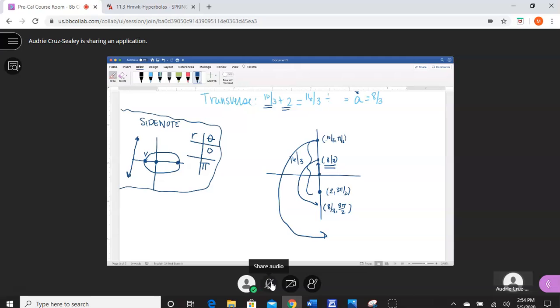I think it makes more sense if I do it like that before flipping. Okay, I see what you did there. I think that's better. Okay, so that makes more sense.